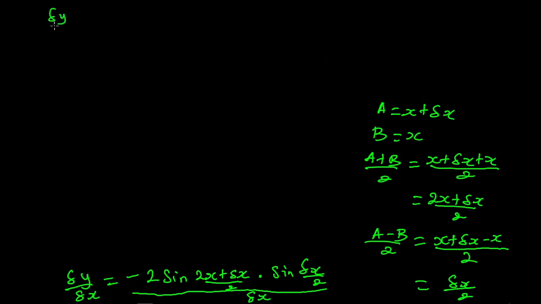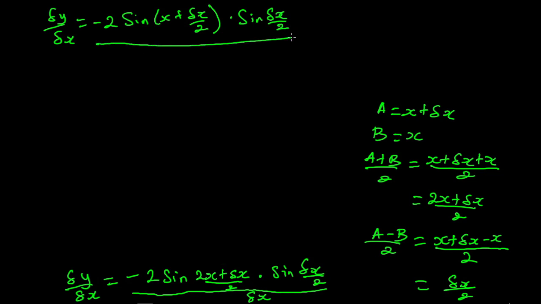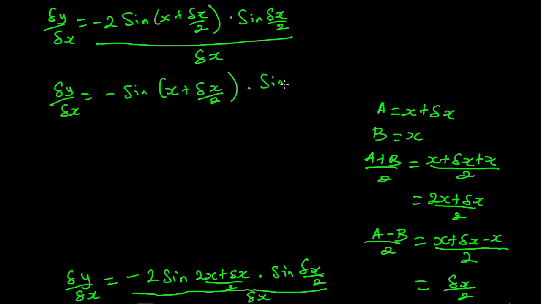So that means delta y over delta x is equal to negative 2 sine of 2x plus delta x over 2, which results into x plus delta x over 2, then multiplied by sine delta x over 2 all over delta x. Dividing both the numerator and the denominator by 2, we are going to have delta y over delta x equal to negative sine of x plus delta x over 2 multiplied by sine delta x over 2 all over delta x over 2.